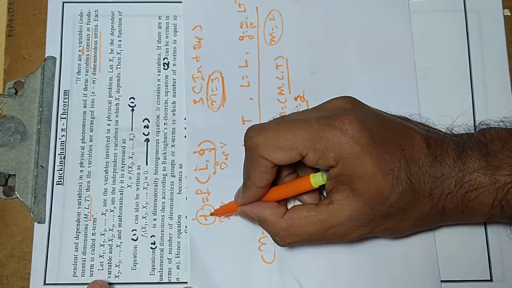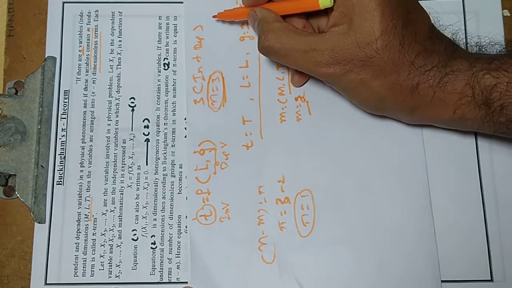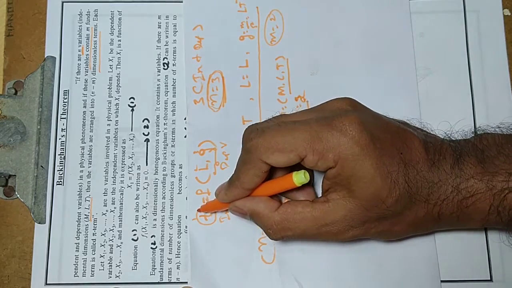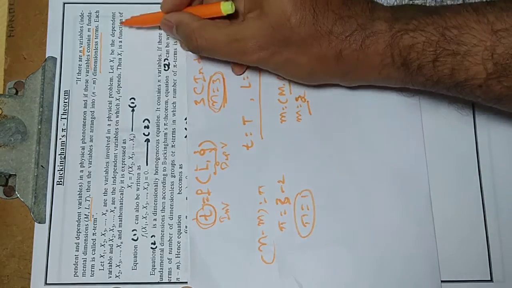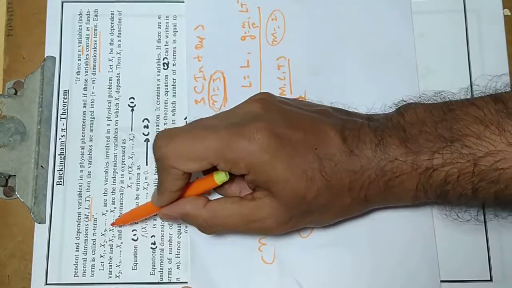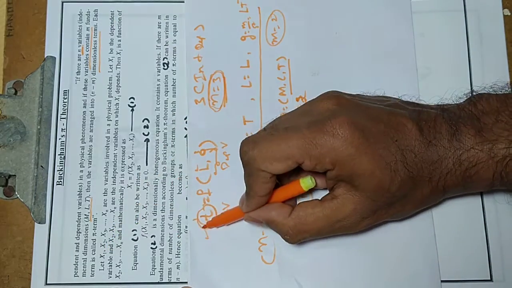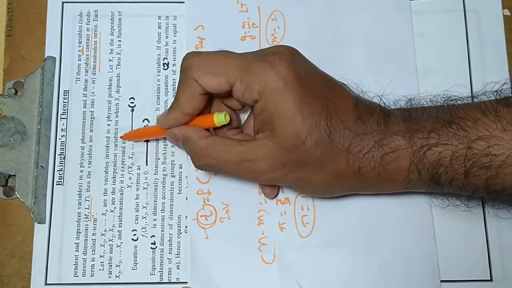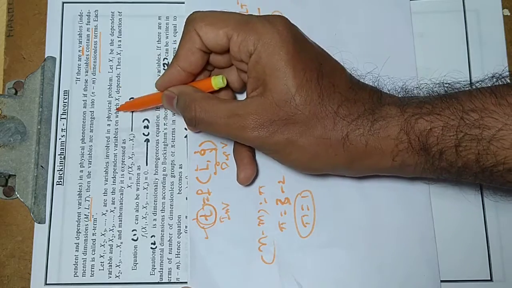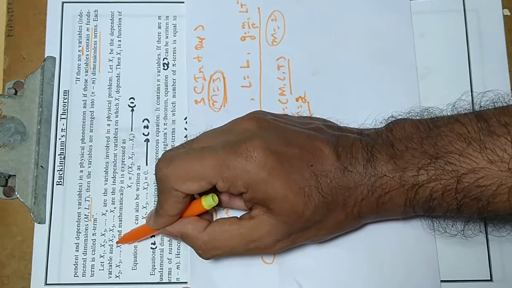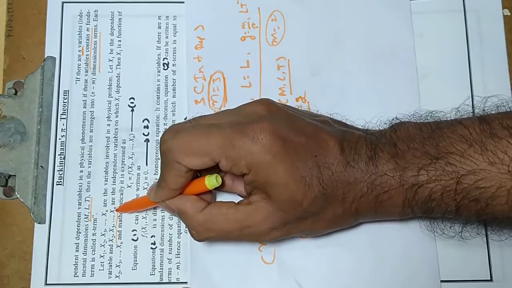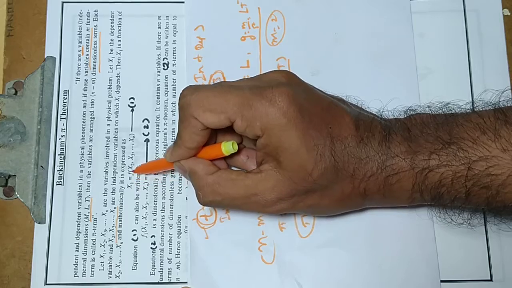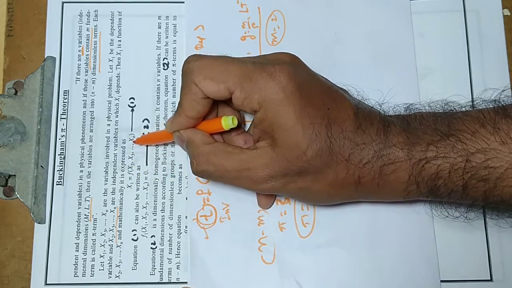Let x1 be the dependent variable, as I took time. Then the remaining variables are called independent variables. So x1 depends upon all of these. We can write mathematically x1 is equal to a function of x2 comma x3 comma, etc.